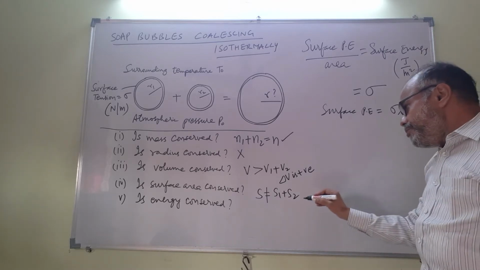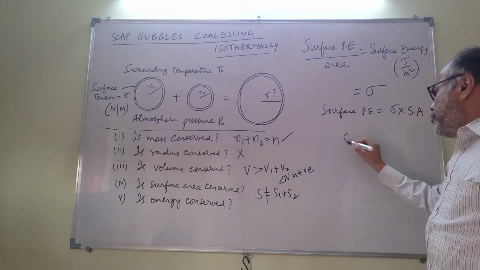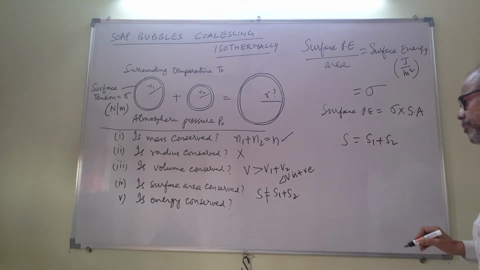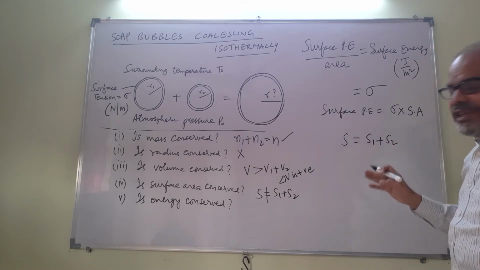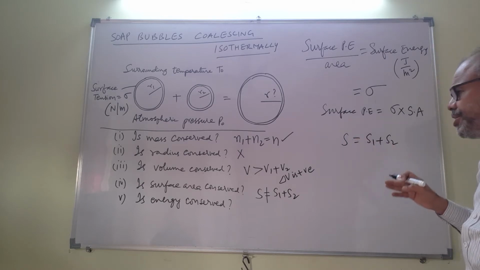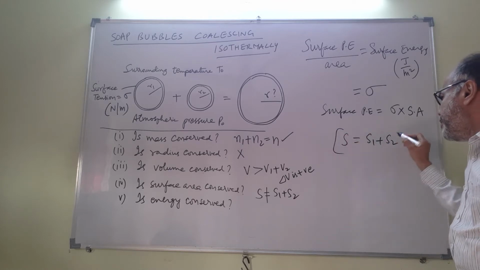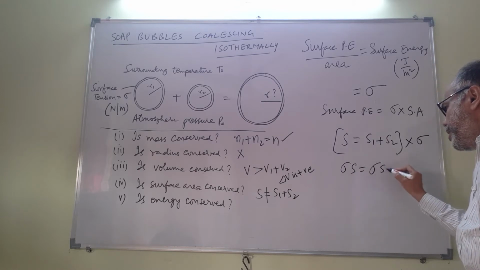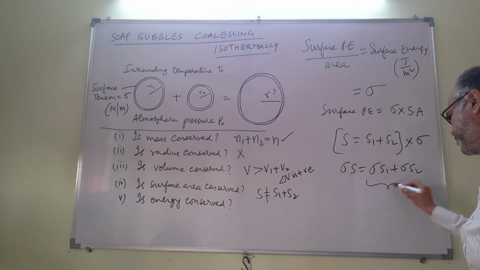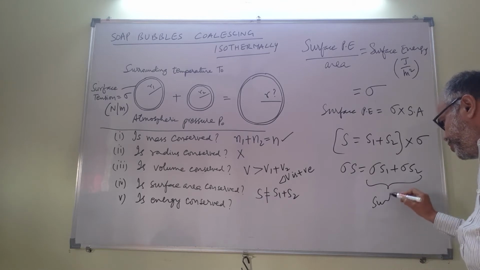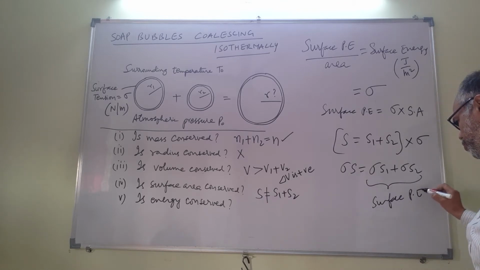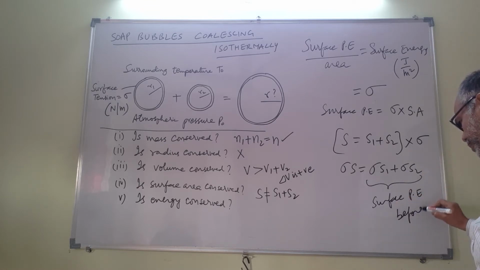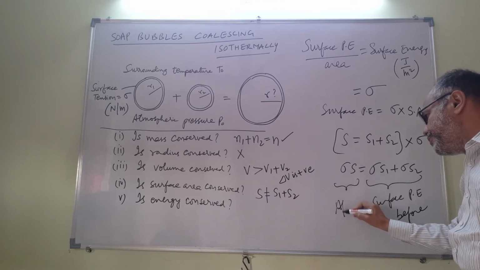So, when we ask whether S is equal to S1 plus S2, what we are basically asking is whether the surface potential energy is conserved. Why? If you multiply throughout by sigma, you get sigma S equals sigma S1 plus sigma S2. This is the surface potential energy before coalescing, and this is the surface potential energy after coalescing.